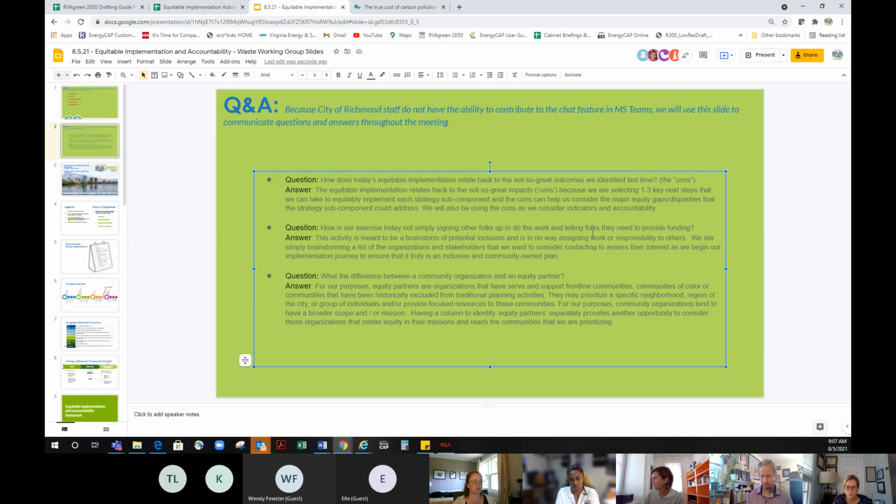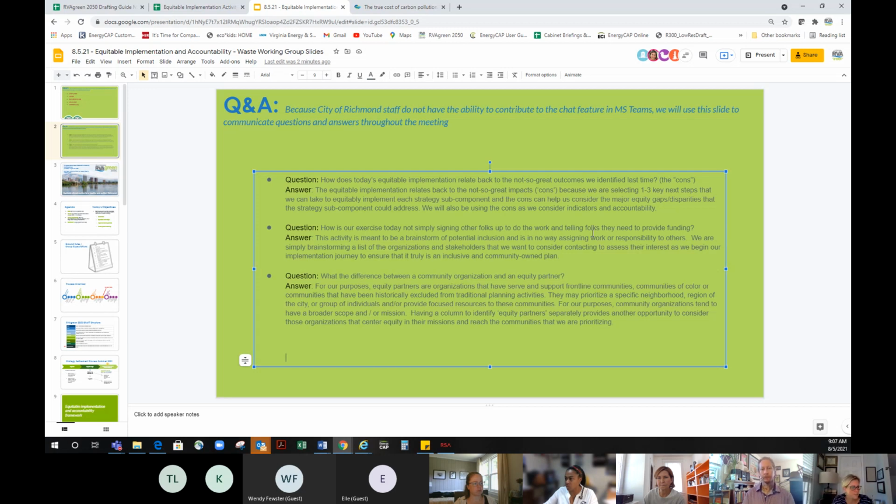That's what's going to help this plan be unique, inclusive, and community owned. That's why so many stakeholders are involved, and why you were invited to help from the start, because this is a community owned plan. This isn't an Office of Sustainability plan.